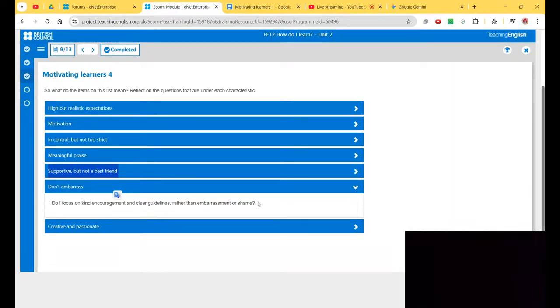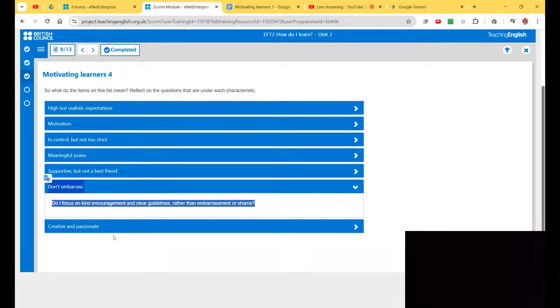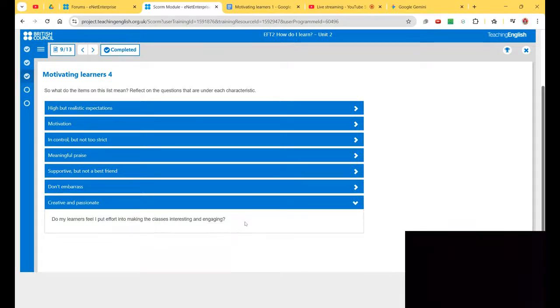Do I focus on encouragement or do I embarrass or shame them? Creative and passionate: do my learners feel the effort I put into making class engaging?